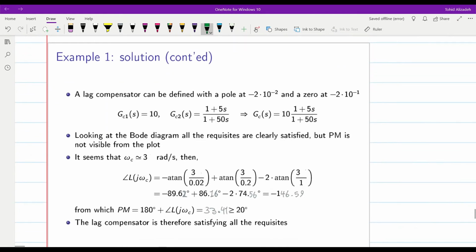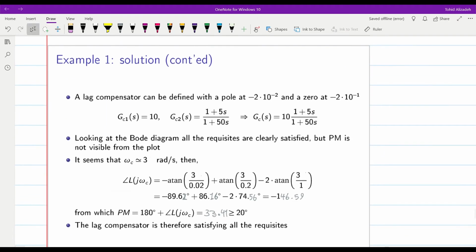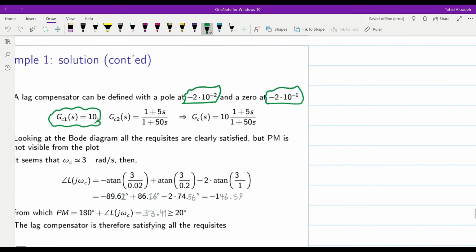For our lag compensator, we will define it in this way. We need to have the generalized gain equal to 10. The pole and zero of the controller are selected at minus 2 times 10 to the power of minus 2 and minus 2 times 10 to the power of minus 1.